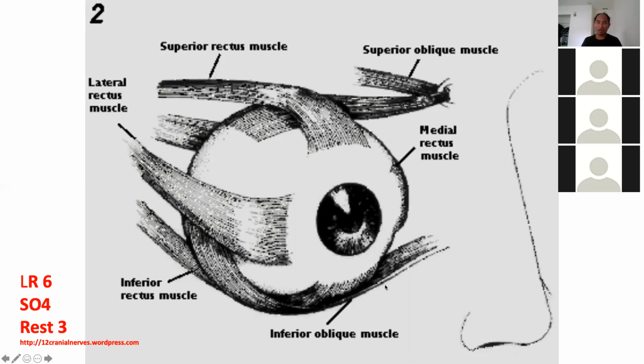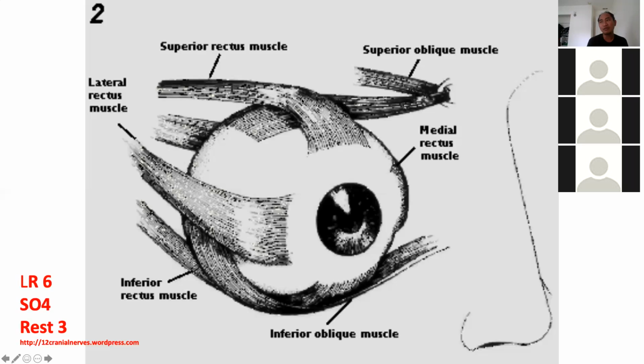So our eyeballs have 6 external ocular muscles. What do I mean by external ocular muscle? External ocular muscles mean outside of the eyeball. They are responsible for the movement of the eyes, and there are 6 external ocular muscles.